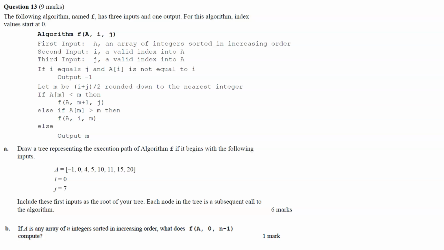Okay, so the first thing we do, we run f on A, then on 0, and on 7. And when we do that, we let m equal 0 plus 7 divided by 2, 3.5, so that becomes 3.